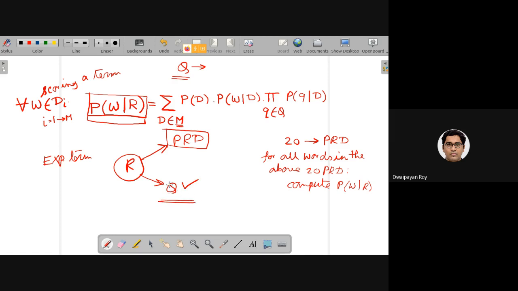We definitely know that this Q is generated from R, but there will be multiple non-relevant documents in this PRD, and still the terms occurring in this query are not given any priority. For all the words in the above 20 or M number of PRDs, P(W|R) is being computed. The query words should be given higher weights.